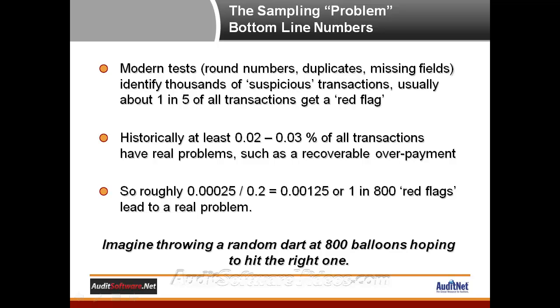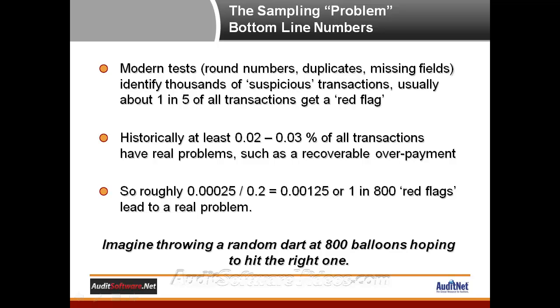Now, before we showed a case study where there are percentages that can go up to 0.1% and 0.07%. If we even say that 0.02 or 0.03% of all transactions have real problems, such as a recovery, and do some simple math here, what you end up finding is that you have a 1 in 800 chance of ever finding anything.